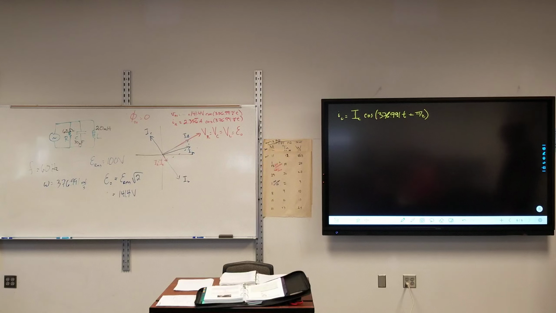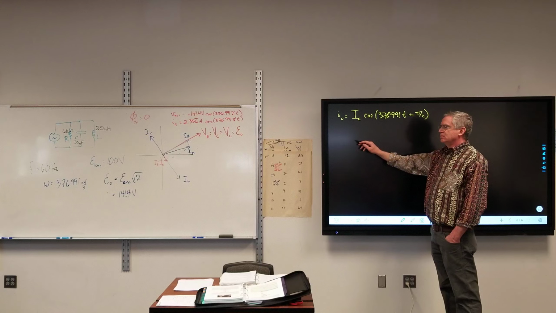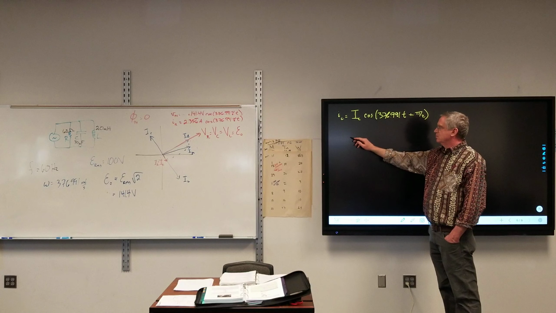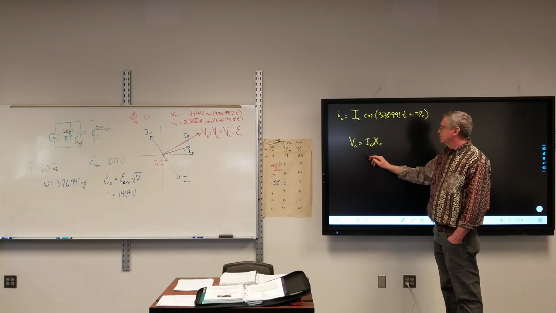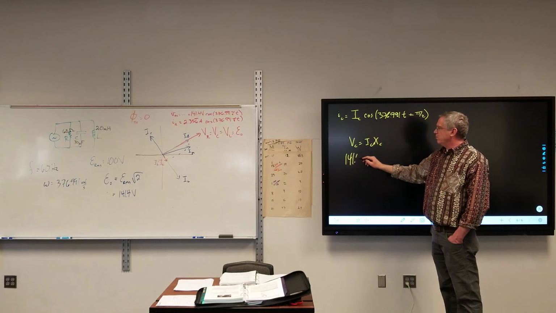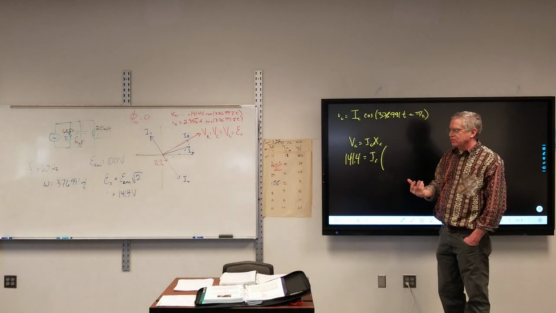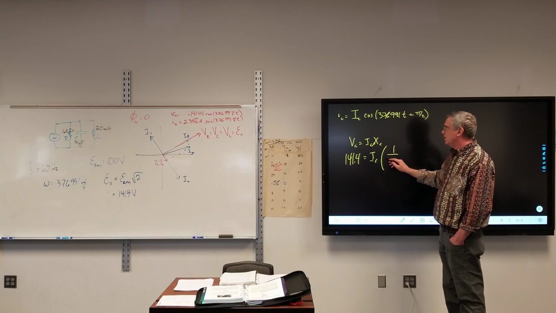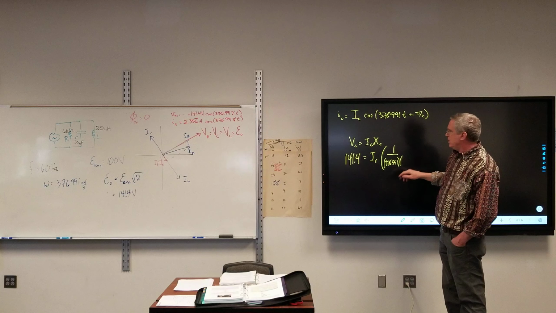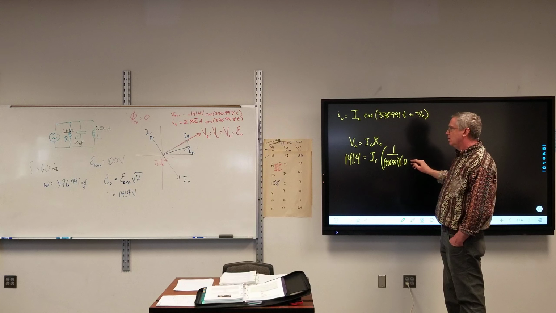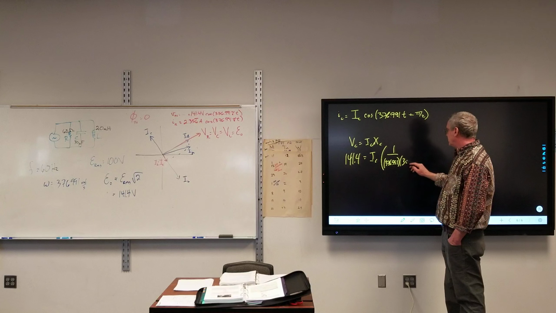So 141.4 equals I sub C times my capacitive reactance. There's a straight up formula for it, 1 over omega C, omega being 376.991, and C being 0.0 try that one again, 3 times 10 to the negative fifth.